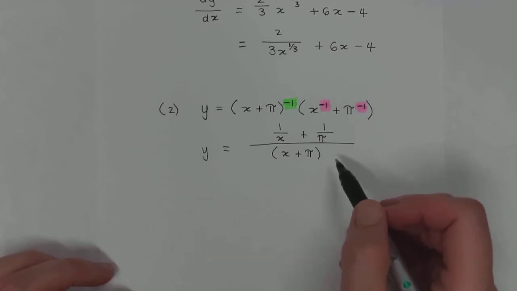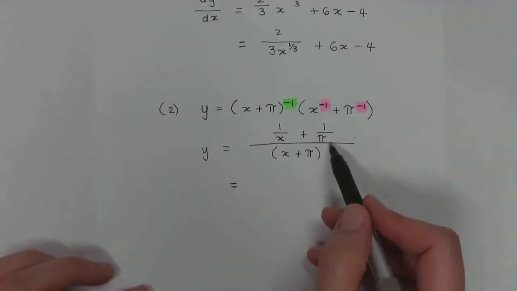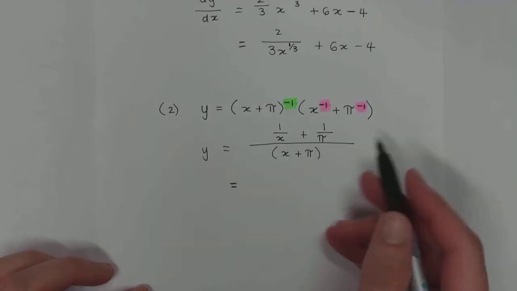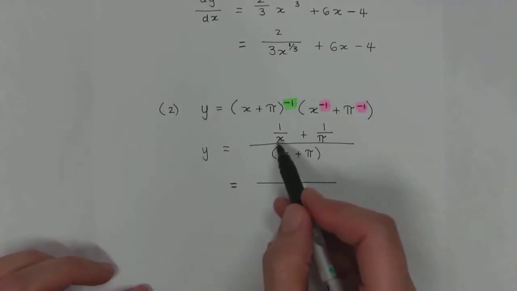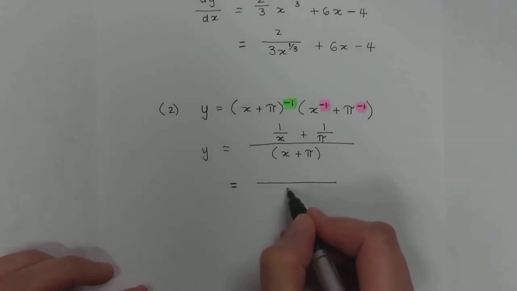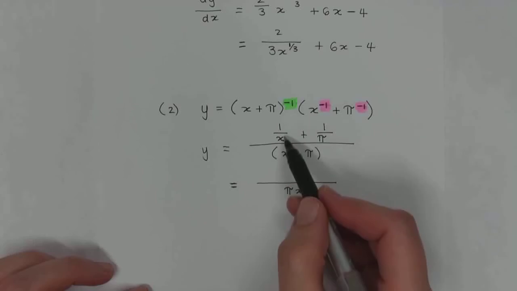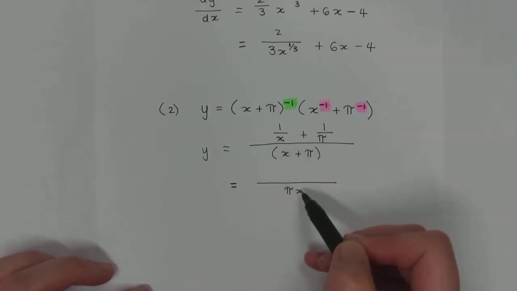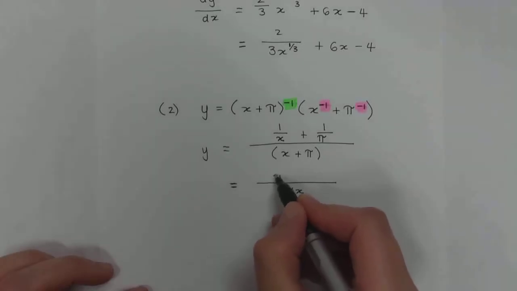Now, in order to do this one, I'm going to have to say it's the fraction at the top, which, if I need to simplify it, I need an LCM of the denominator. So the LCM of the denominator is pi times x. And then, because I need to multiply there by pi to get to that denominator, I will have to say 1 times pi is equal to pi.